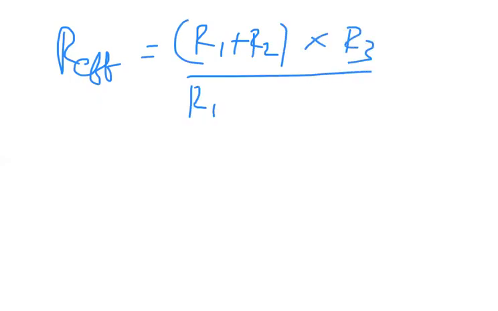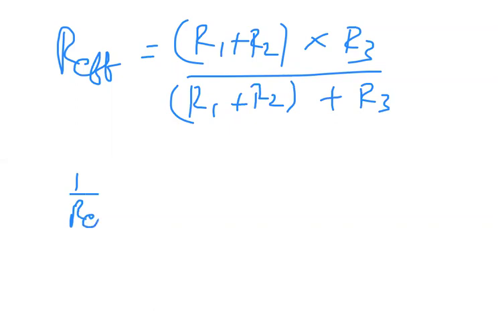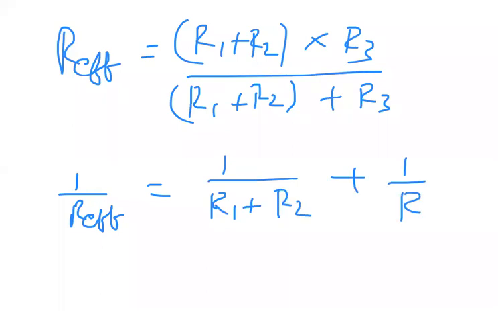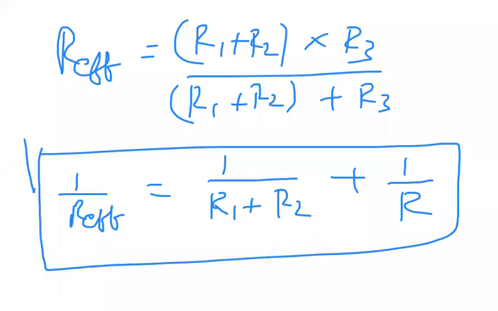The original method is: 1 by R effective is equal to 1 by R1 plus R2 plus 1 by R3. If you simplify this by doing LCM and reciprocal, you'll get this expression. So this is the effective resistance in that regard.